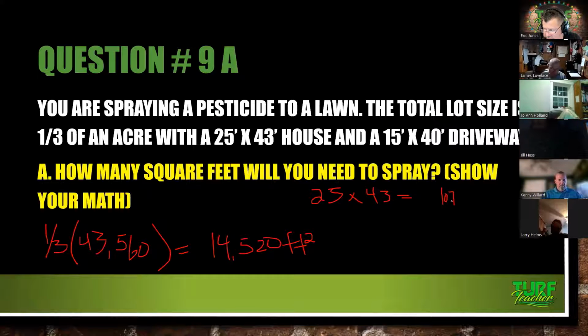Gives us 1,075 house footprint square footage. Then we have our driveway, which is 15 by 40. We have 600 square feet. Add those two together, and then minus everything right over here.